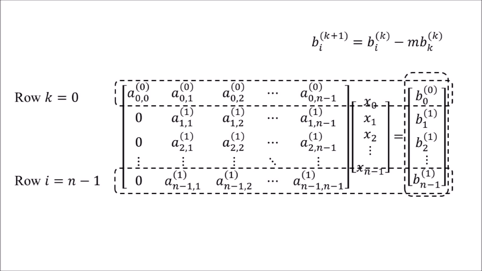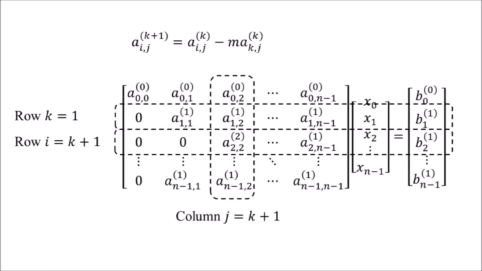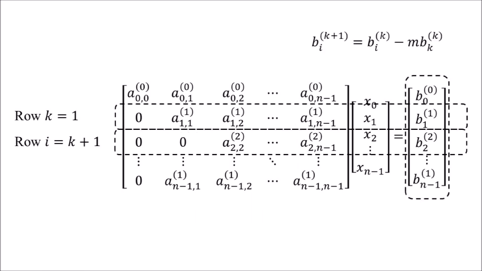Now that we've gone through all of the rows with k equal to 0, k is incremented to 1, and we work on the row just below row k equals 1, so that's going to be row i equal to 2, and starting in column k equal to 1 again, defining a new multiplier, then applying that multiplier to all of the entries, first in column 1, then in column 2, then all the way through the j matrix, and then updating the value in the B matrix.